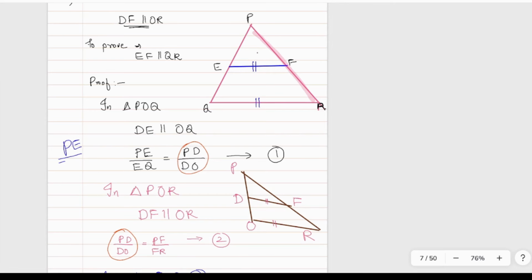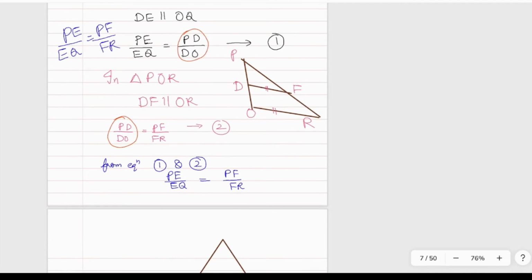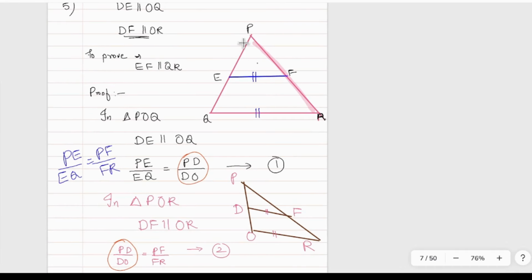PE divided by EQ should be equal to PF by FR, right? Now look at the equation that we are getting here. The same one, right? That means if the sides are proportional, automatically the lines will become parallel. That means the lines EF and QR will be parallel to each other.